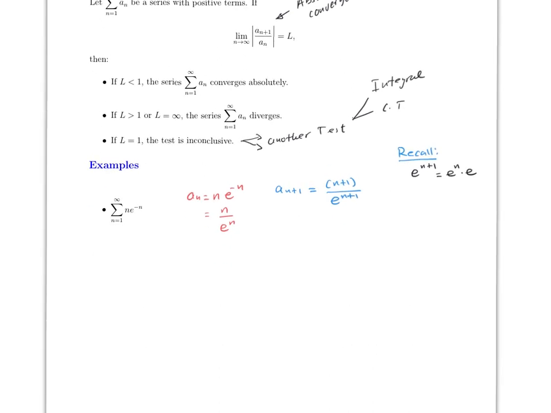So therefore, if you do the ratio of a_(n+1) over a_n, this will be the ratio of n plus 1 over e to the n times e. And remember, when you divide fractions, you have to multiply by the reciprocal. So this will give you this. Why?